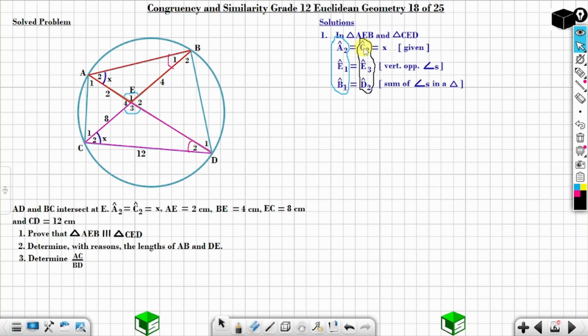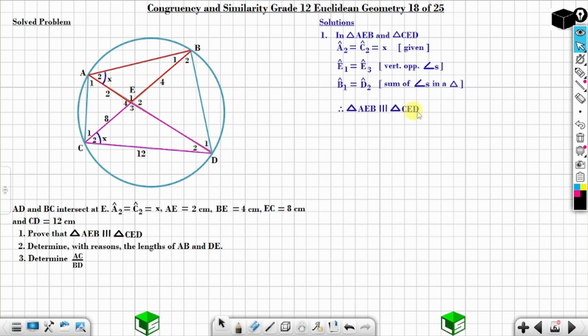You have C2, E3, and D2. Okay, so now you can conclude, therefore, triangle AEB is similar to triangle CED.